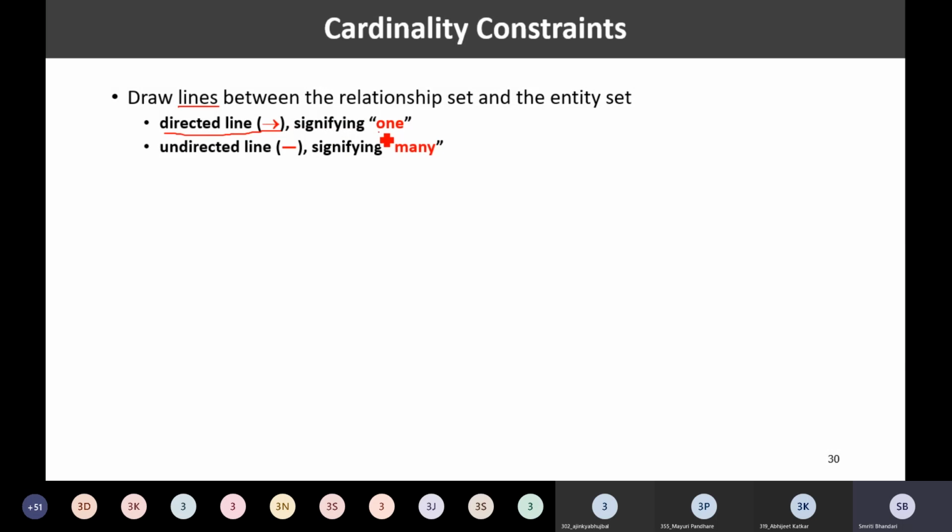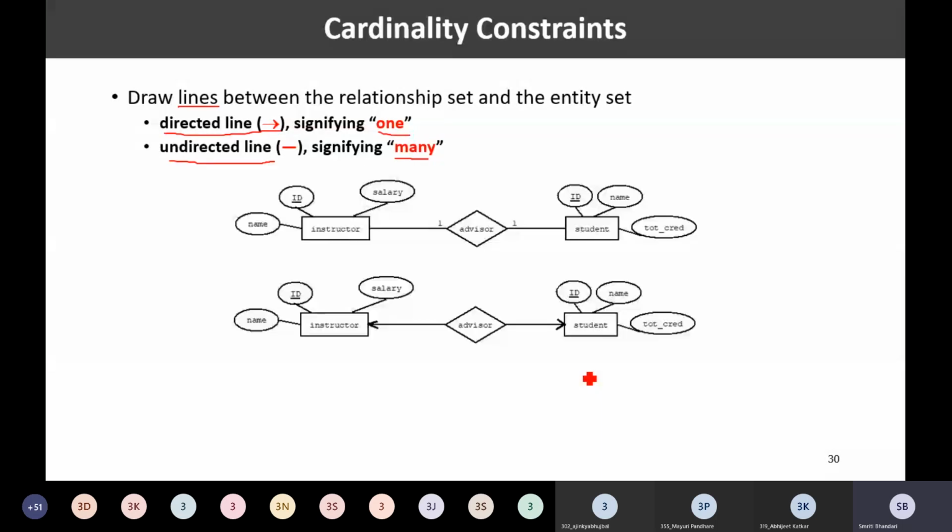And if I have an undirected line, then it signifies many. We have already talked about the cardinality constraints, the mapping cardinalities. So we have four kinds of relationships: one to one, one to many, many to one, and many to many. If we would like to denote one, then it is a directed line. If we want to denote many, then it is an undirected line.